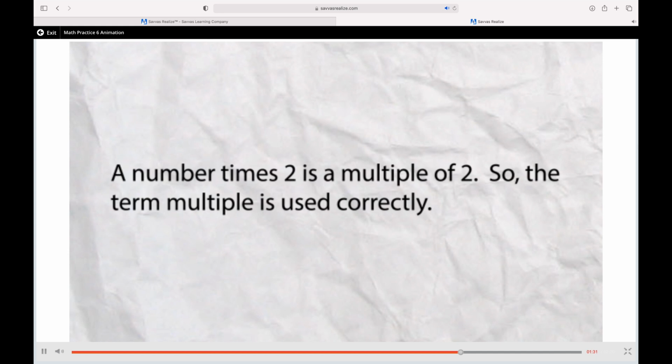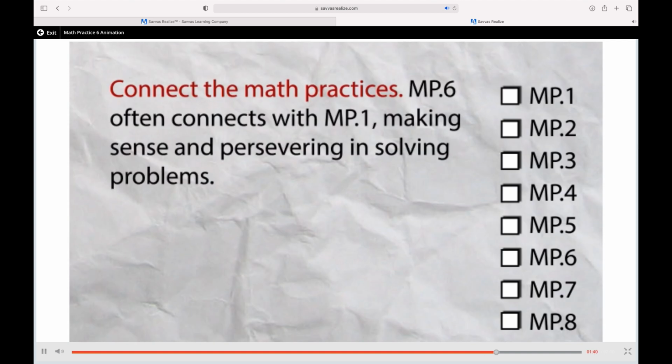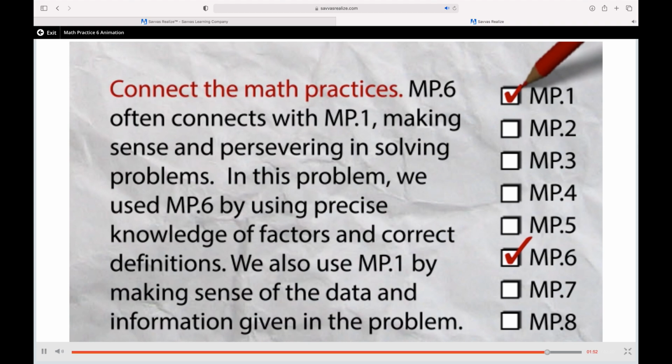So, the term multiple is used correctly. Connect the math practices. MP6 often connects with MP1, making sense and persevering in solving problems. In this problem, we used MP6 by using precise knowledge of factors and correct definitions. We also used MP1 by making sense of the data and information given in the problem.